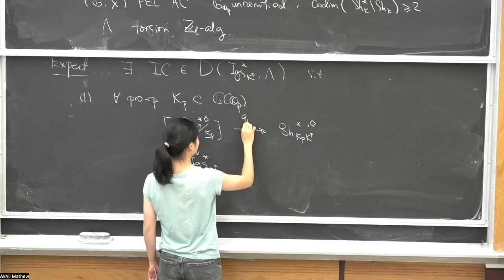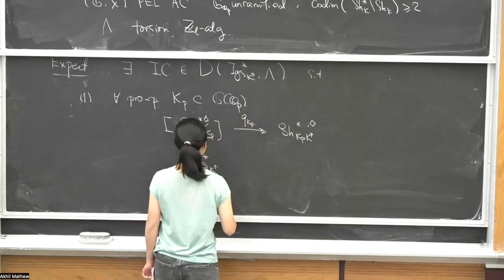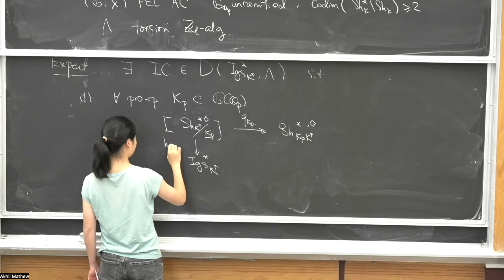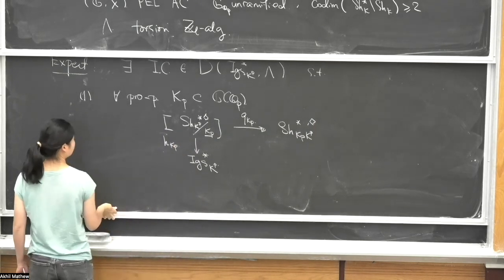I call this map u_{K_p}, and the vertical map is h_{K_p}.